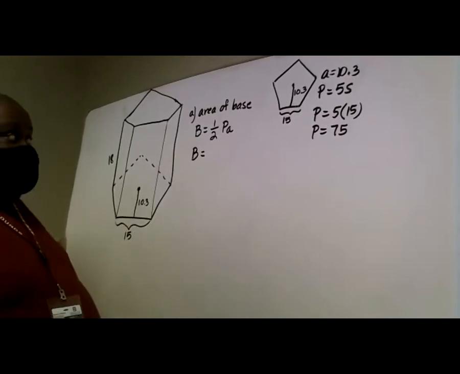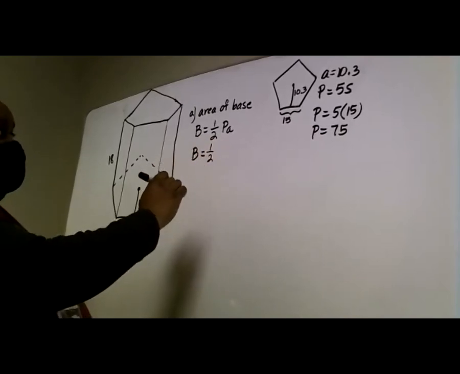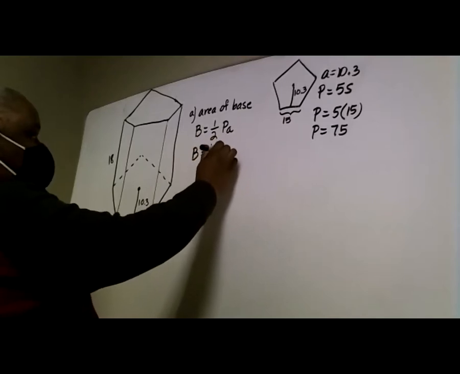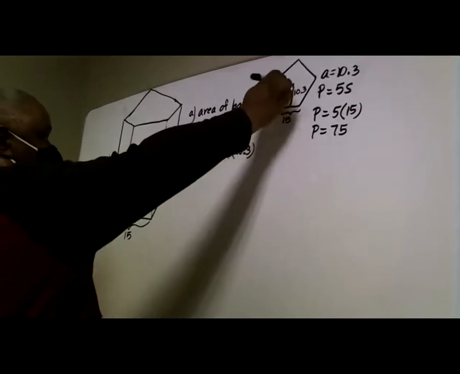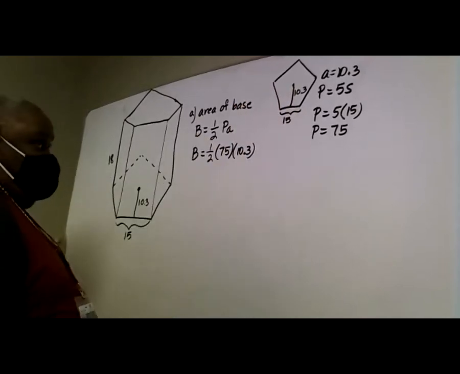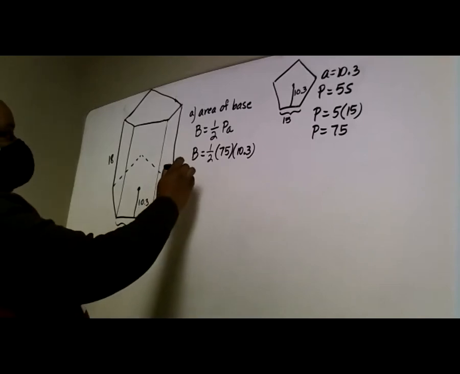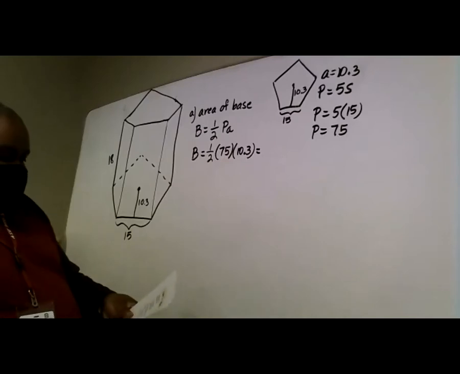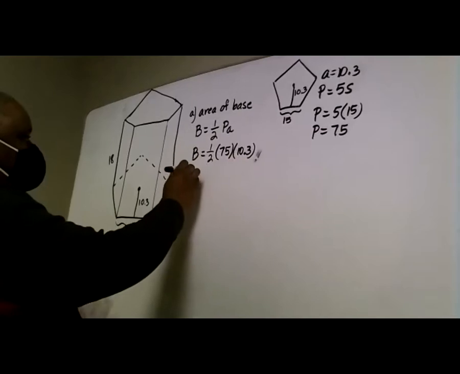So now to find the area of the base, we use this formula, 1/2 P times A. So this is 1/2 times the perimeter, that's 75, times the apothem, that's given to you as 10.3. So 1/2 of 75 times 10.3, I'll do this on the next line.